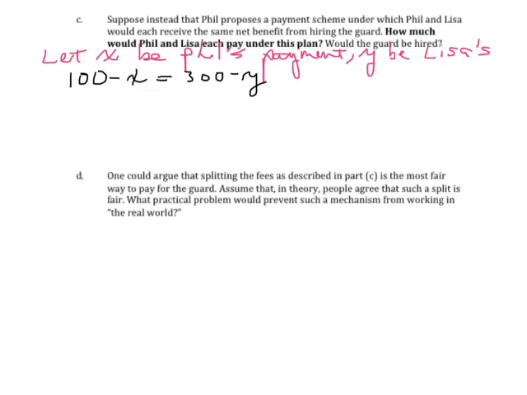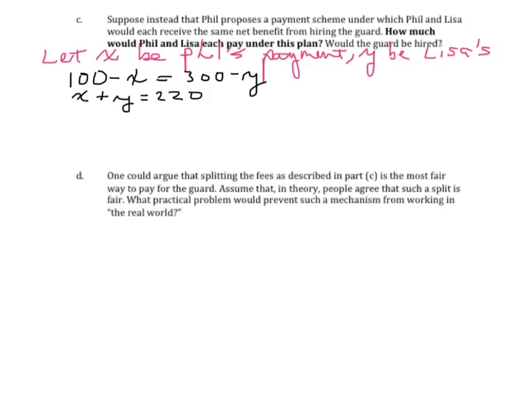There's an infinite combination of x's and y's that satisfy that. We need something else, and lo and behold, we have something else. We also know that x plus y is going to equal 220 exactly. So now we have a linear system, two equations, two unknowns, and we can solve this in several different ways.